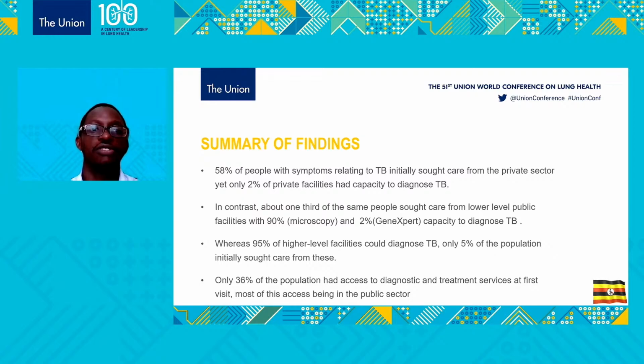Whereas 95% of high level facilities could diagnose TB, had the appropriate equipment, microscopy, GeneXpert, and the others, only 5% of the population initially sought care from these. And only 36% of the population had access to diagnostic and treatment services at their first visit, and most of this in the public sector.